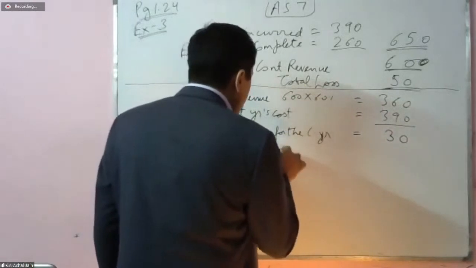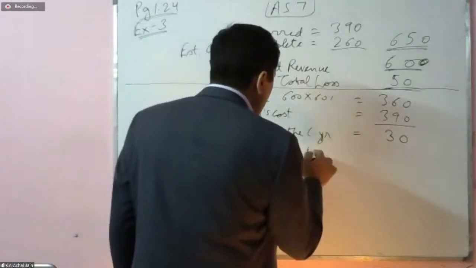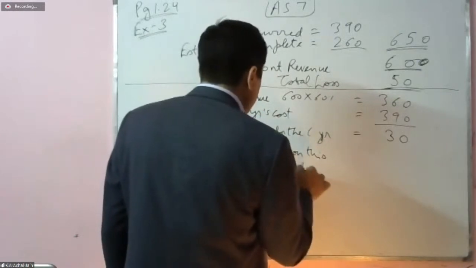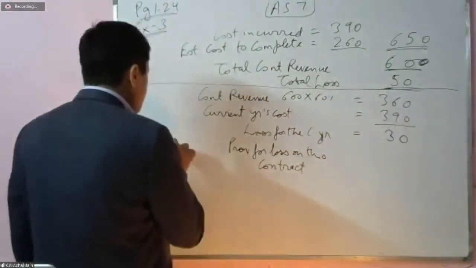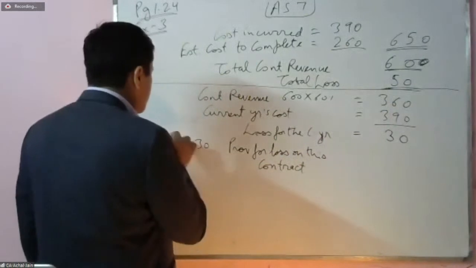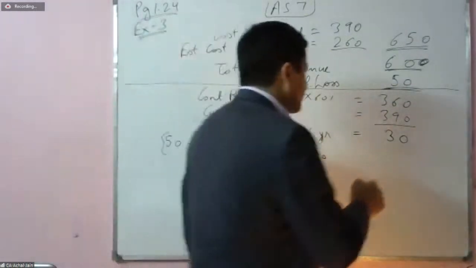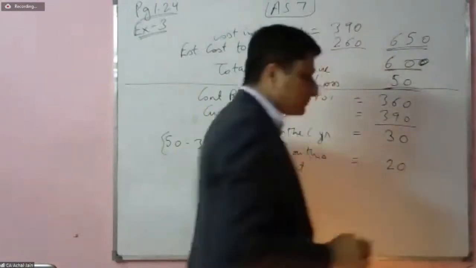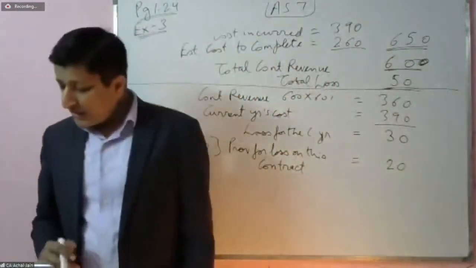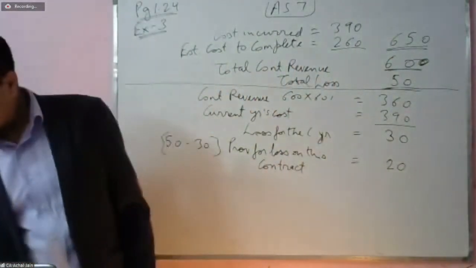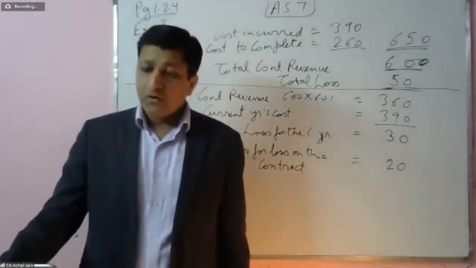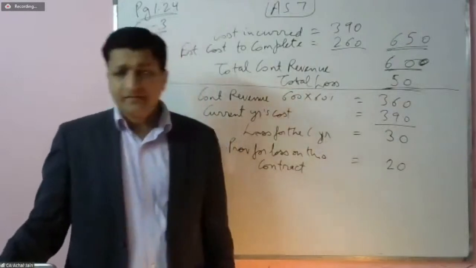Provision for loss on this contract. That means 50 minus 30 will have to be created by us. So we'll have to create a provision for this loss of rupees 20.